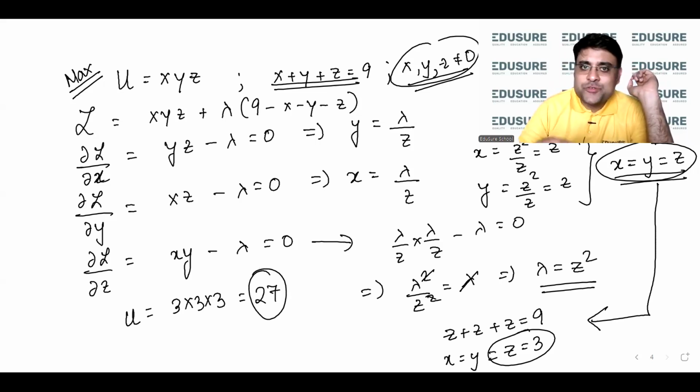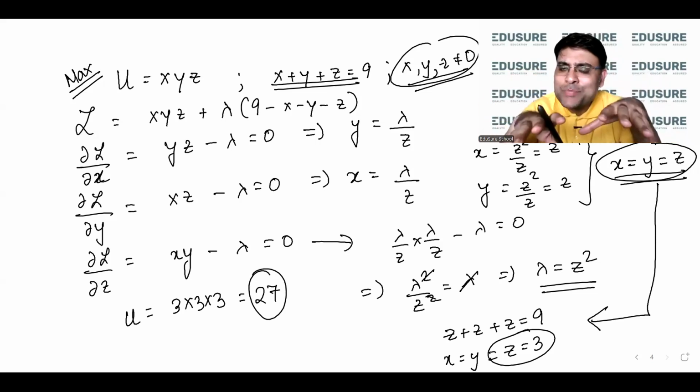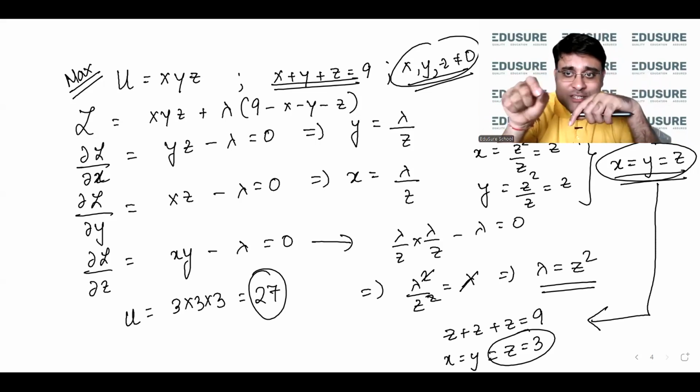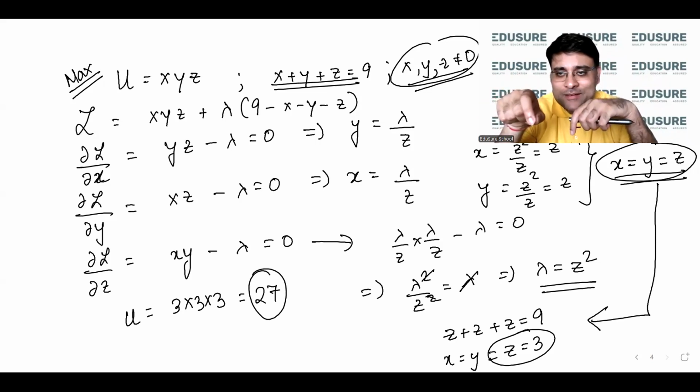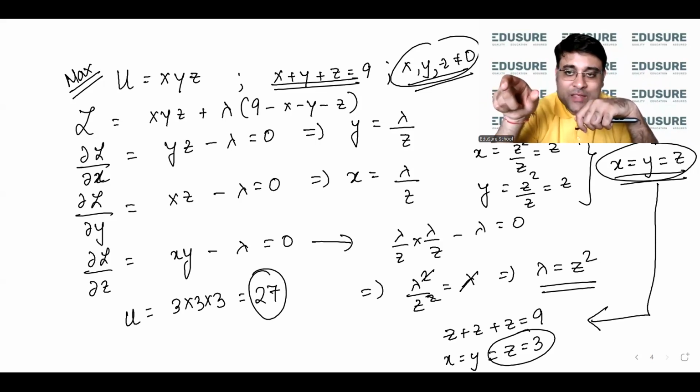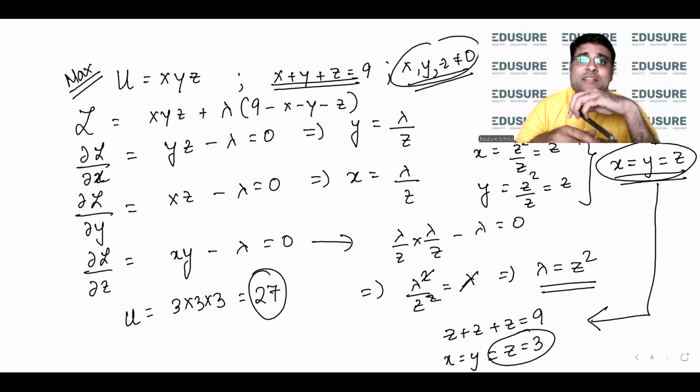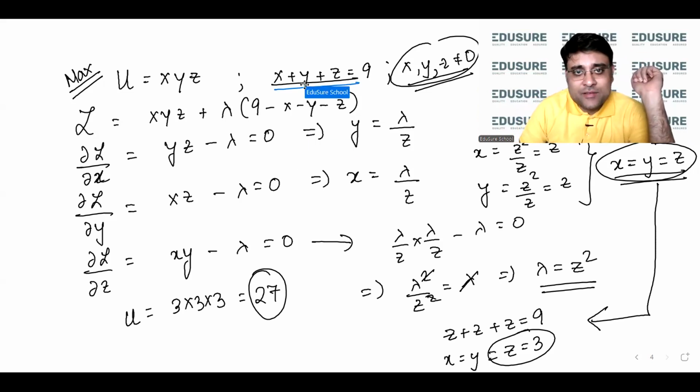So I hope that each of you can appreciate this simple 3 variable Lagrange problem. यहां पर 2 से ज्यादा variables हैं and we are using the Lagrange method in order to find a relationship between x, y and z, and then substituting that in the main constraint itself, that is giving us the answer.